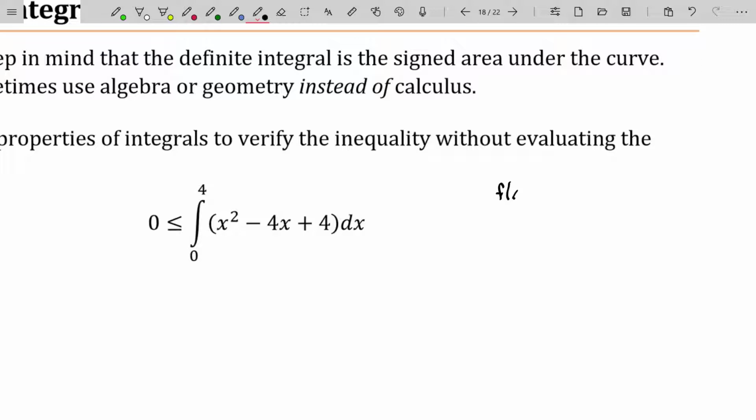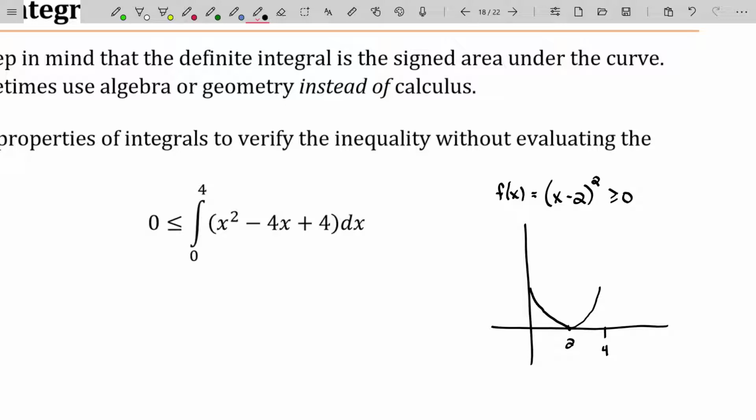f of x is equal to (x minus 2) quantity squared, because that's really what that function is. And if you graph that out, here's 2. From 0 to 4, it looks like this. And notice this is greater than or equal to 0 on all intervals really, but specifically on that interval.